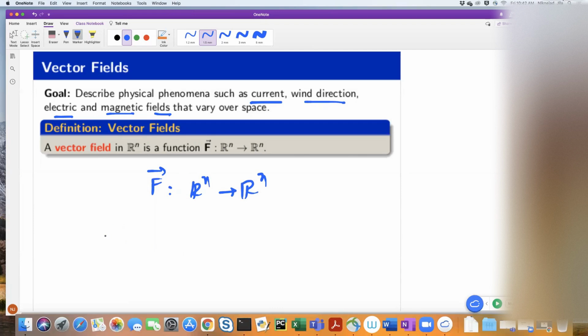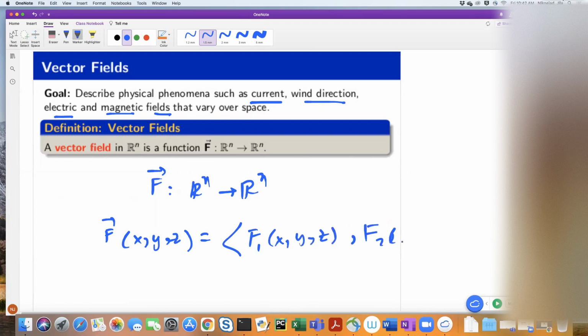So you can write it like this. For example, in 3D, f of x, y, and z is equal to f1 of x, y, and z, f2 of x, y, and z, and f3 of x, y, and z.